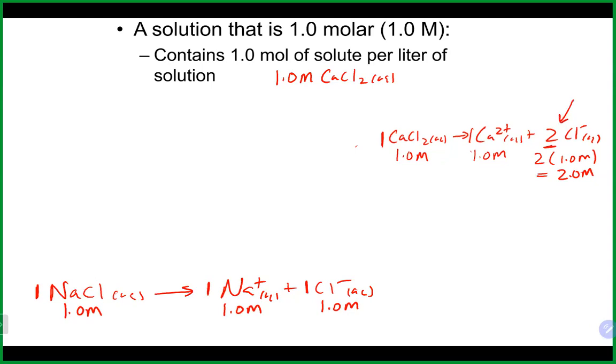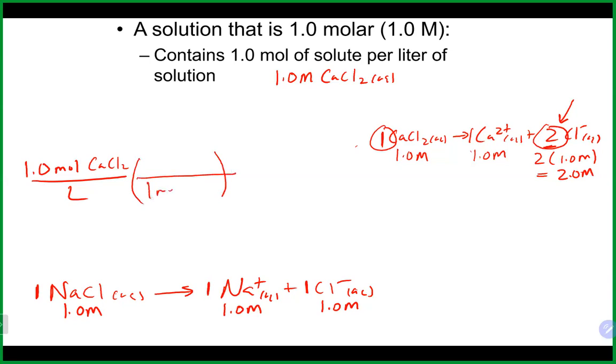Here's the actual way that we get there. If you started with 1 molar calcium chloride, that would be 1 mole of calcium chloride per liter. Again, it is a 1-to-2 relationship, just like in stoichiometry, 1 mole to 2 moles. And if you did that part of the calculation here, 1 mole of calcium chloride is 2 moles of chloride.